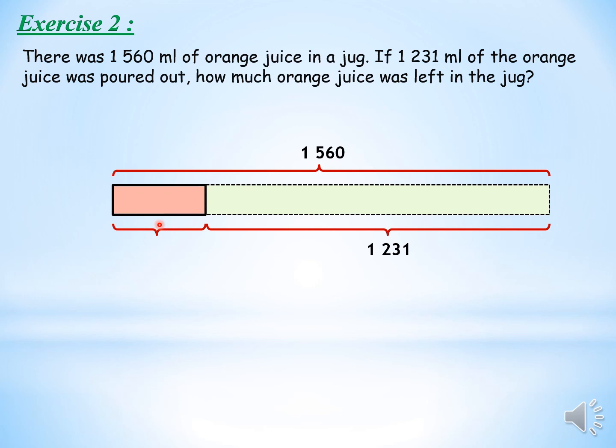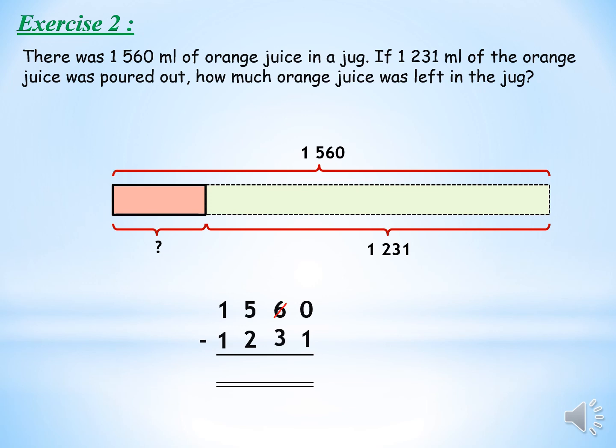To find that, what should be done? Addition or subtraction? Yes, we should subtract 1231 from 1560. Okay, shall we subtract the ones then? Can we subtract? No. Then what do?